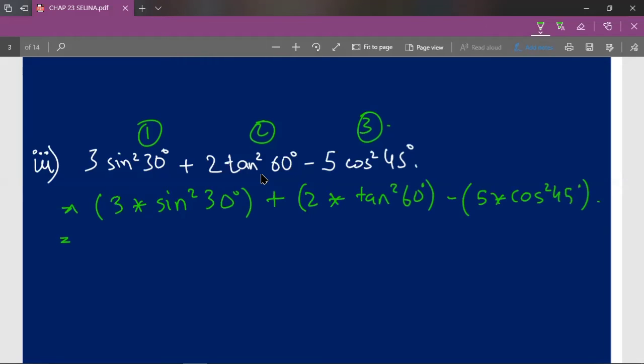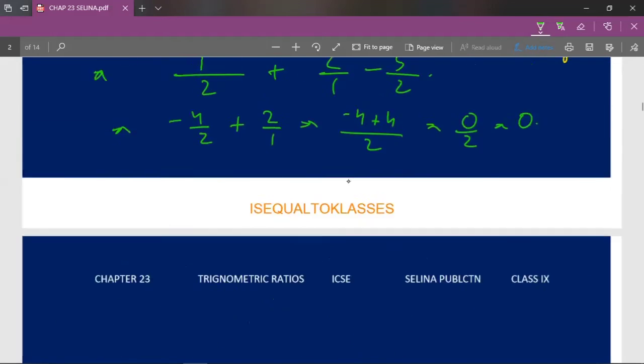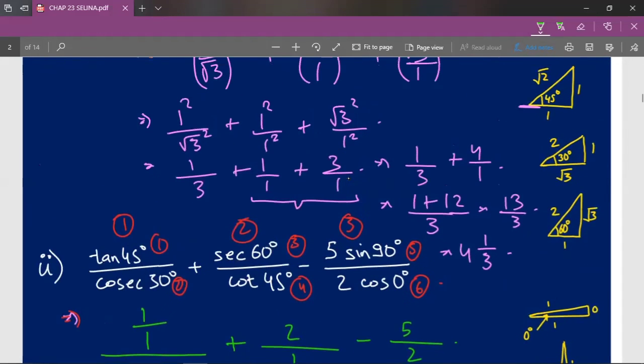Then we'll leave 3 as it is, and first of all we'll find the value for sine square 30 degree. Earlier also I told you that sine square 30 degree can be further written in terms of sine 30 degree. First we'll find the value for sine 30 degree, and for 30 degree a special magic triangle is allotted to us.